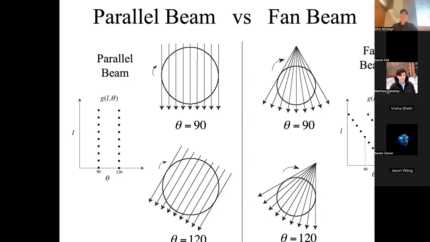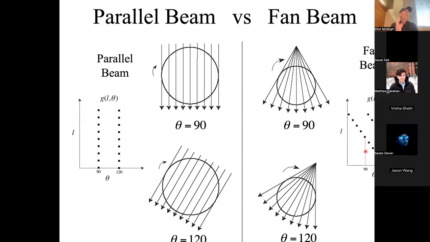So I am mapping out a two-dimensional measurement of G(L, theta), right? I'm still doing that. However, I'm just doing it on these diagonal lines, and I grab each one of these lines simultaneously, and that's how we're going to fill out G(L, theta). Okay, that's called fan beam orientation.